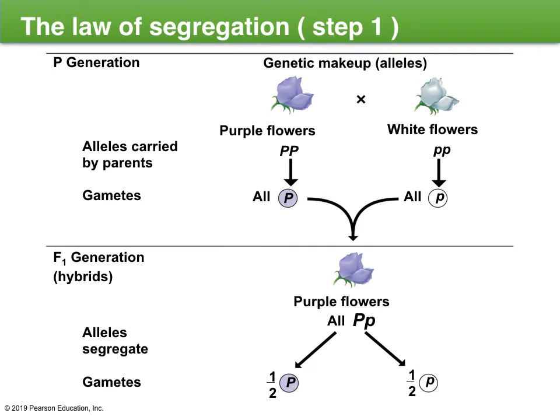So just walking through this. So again, P generation, they're purebred, so they're homozygous, in this case homozygous dominant for purple, in this case homozygous recessive, which is going to yield white flowers. And again, because they're homozygous, there's only one possible allele they can make, right? So all the gametes from one plant are going to be the dominant, all from the white flowers will be the recessive.